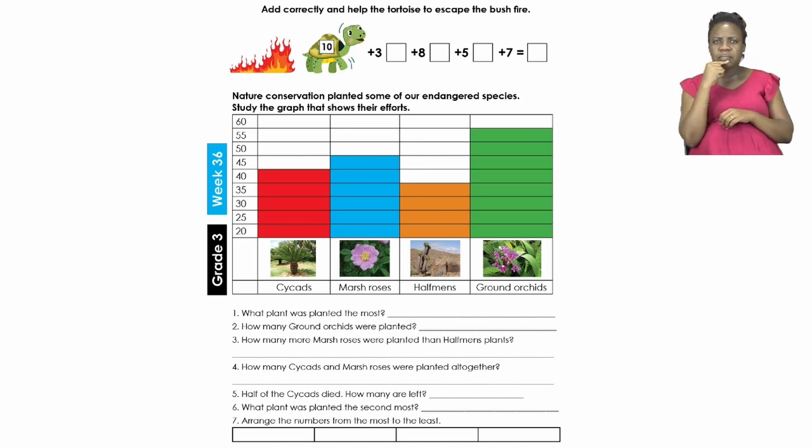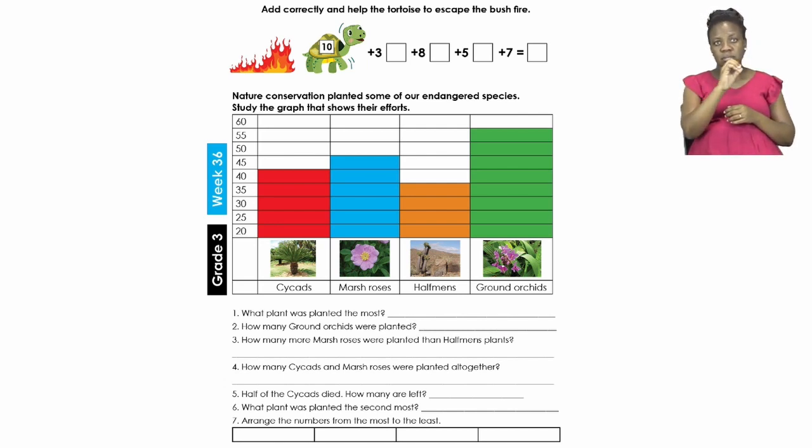So cycads, can you see, has the red blocks. And if you look up to where all the red parts are shaded or colored, you will see that it stops at the number 40. That's right, everyone. So that means 40 cycads was planted.